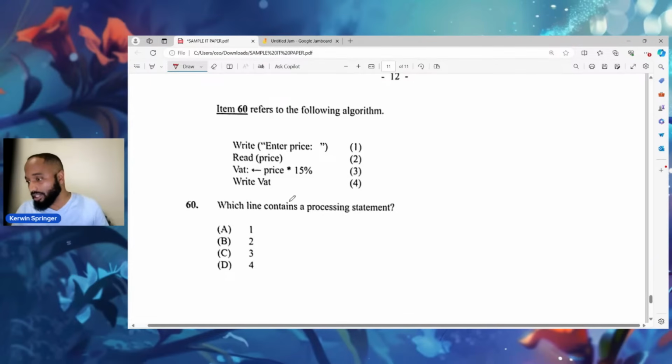Which line contains a processing statement? 3. VAT. You're working on your VAT. 3. So yeah, seriously, I might have lost 2 marks, 3 marks.